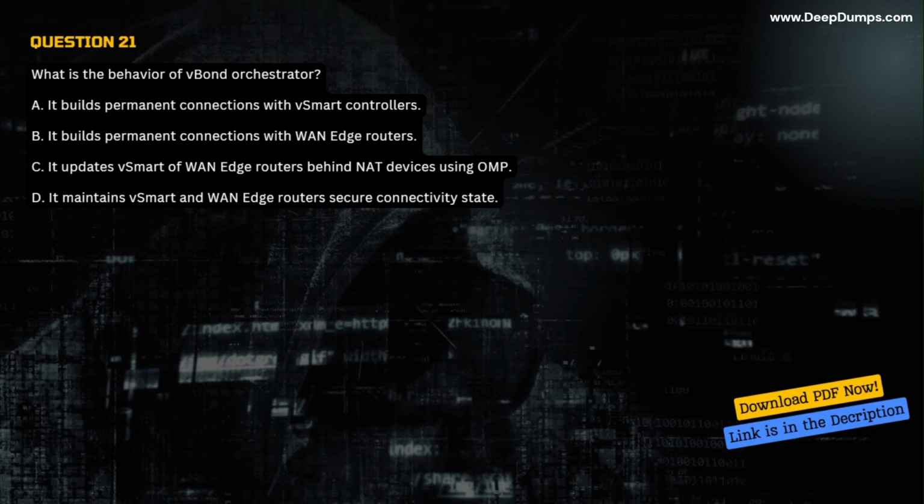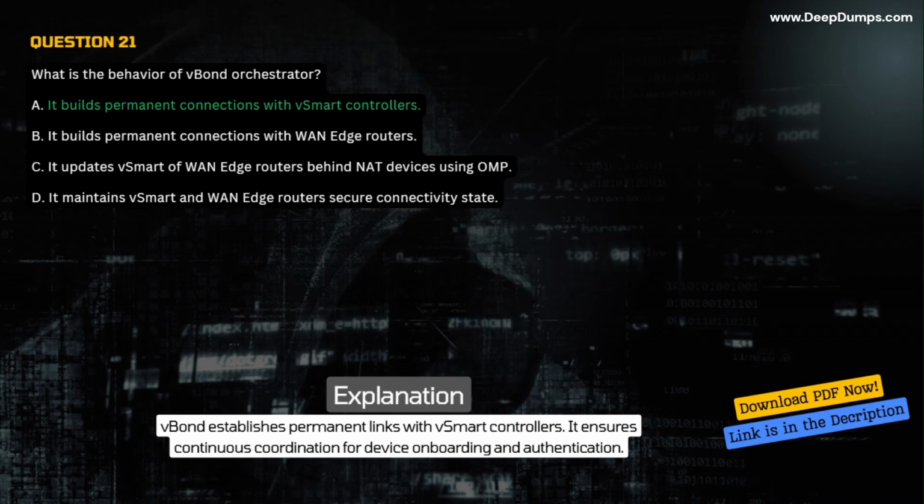D. It maintains vSmart and WAN edge routers' secure connectivity state. Correct answer A. It builds permanent connections with vSmart controllers. Explanation. vBond establishes permanent links with vSmart controllers. It ensures continuous coordination for device onboarding and authentication.